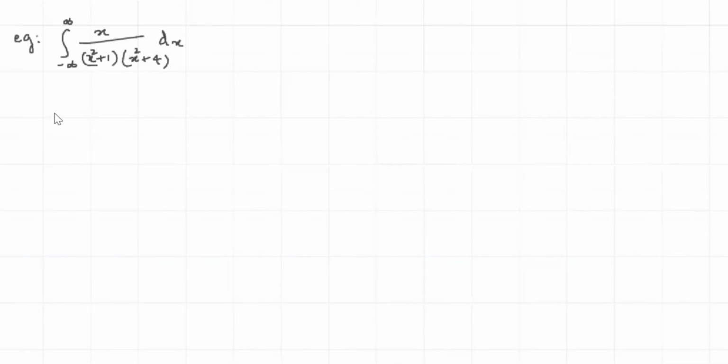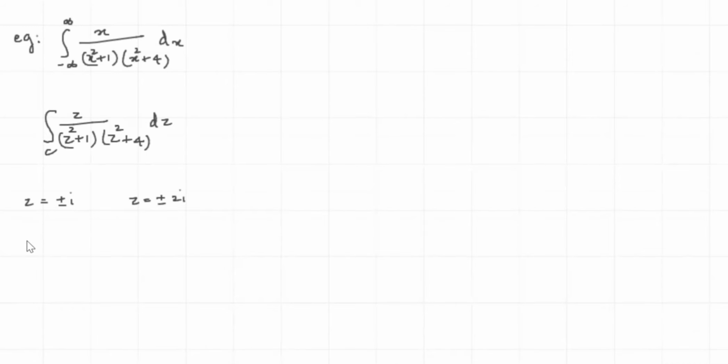So we are taking the curve C, and f of z is z by (z square plus 1) times (z square plus 4). We know that the singularities are at z equal to plus or minus i, and z equal to plus or minus 2i.